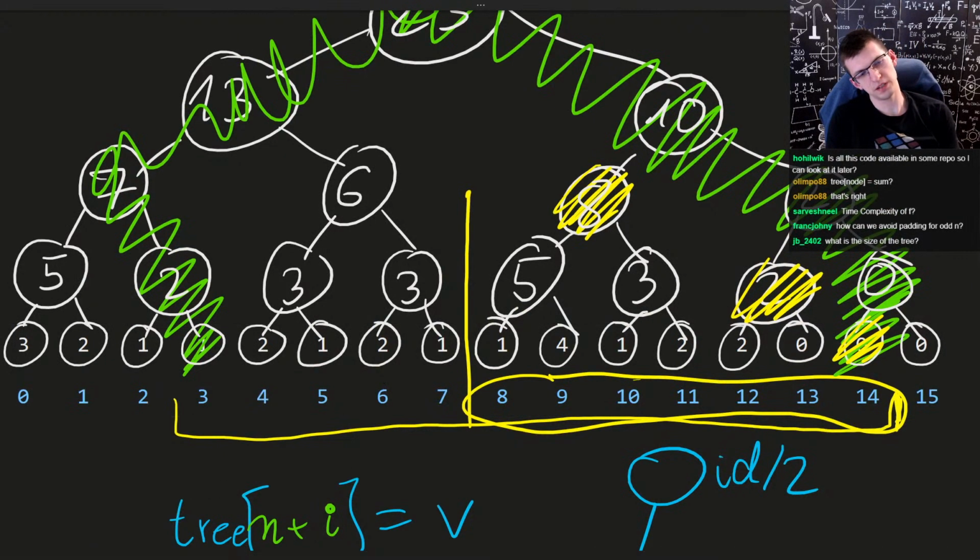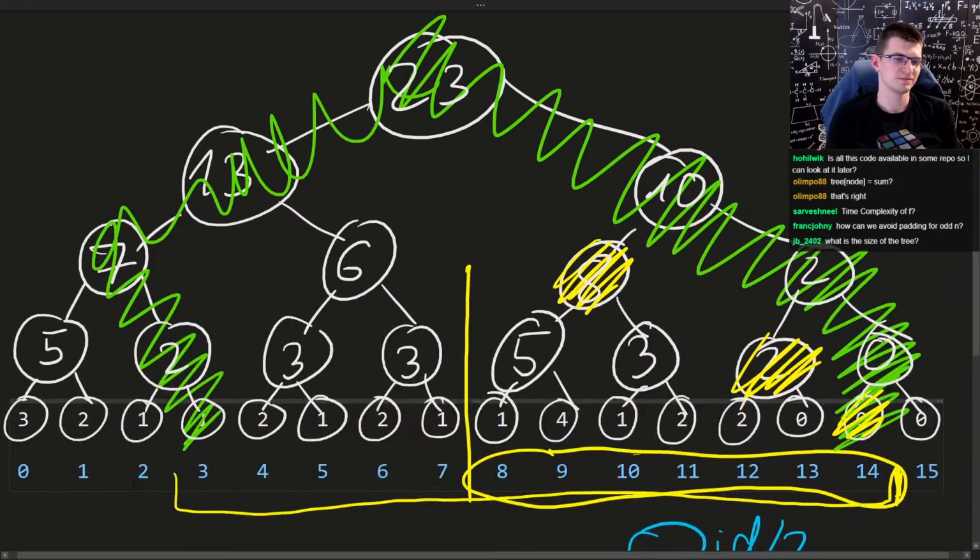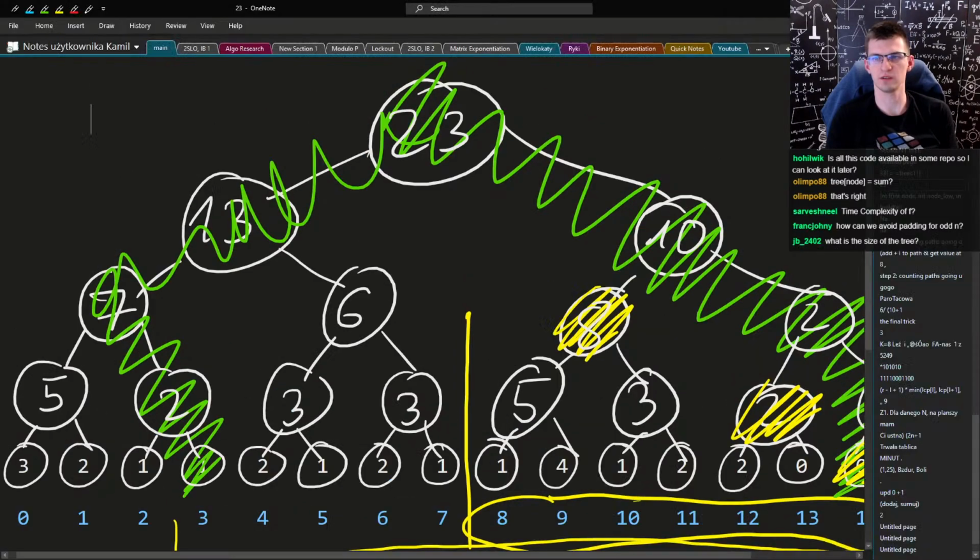How can we avoid padding for odd n? Doesn't matter. Many people avoid padding, and it's possible, but I don't, and it was never an issue for me. I always pad to the power of 2. The size of a tree is twice n, where n is a power of 2.